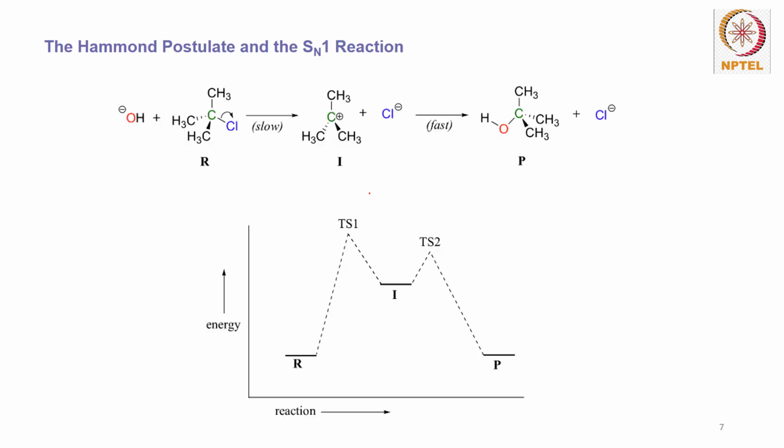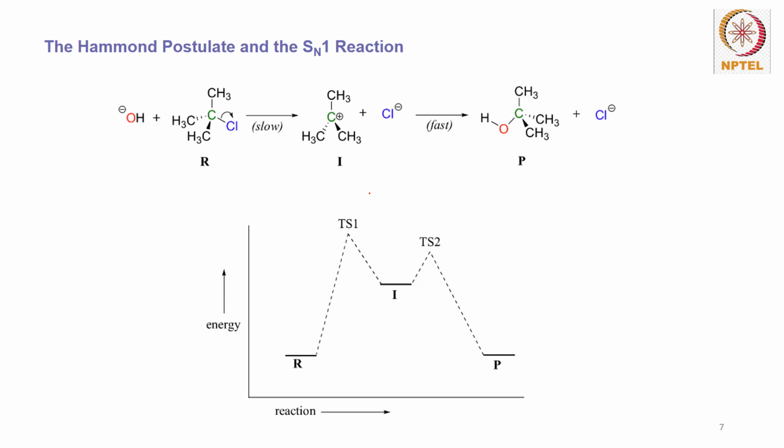Now let's discuss our very well-known reaction, SN1, from the aspect of the Hammond postulate. We know this is a simple SN1 type of reaction, because reactions came first and the postulate came after that. So we have to prove that our postulate is applicable for all types of reactions.